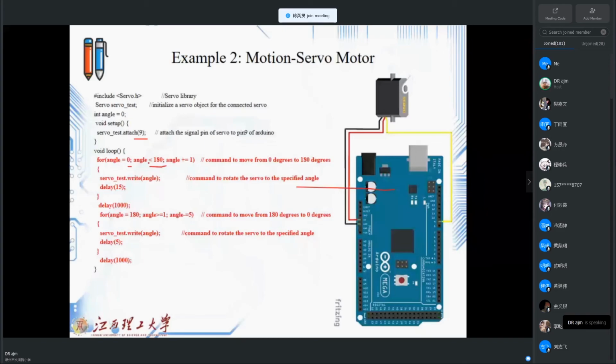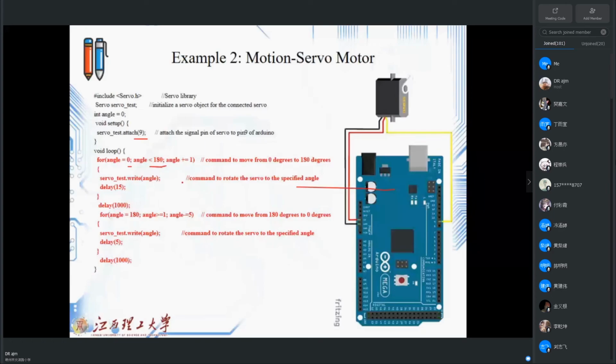And when it reaches 180 degrees, I will come down 5 by 5 steps and return to the first location. This is good for automatic movement of the servo.